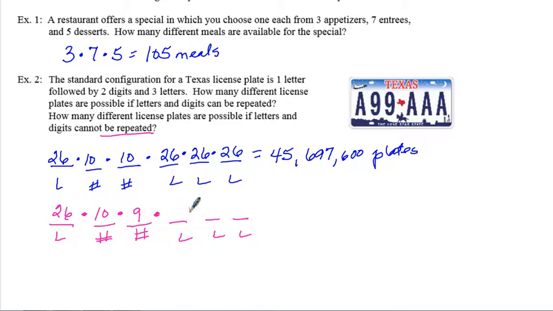In the next position, we have only 25 letters left to choose because we used 1 already. 24 letters left for the next position, and 23 letters left for this position. So the fundamental counting principle states that we could have 32,292,000 plates if we weren't allowed to repeat letters or digits.